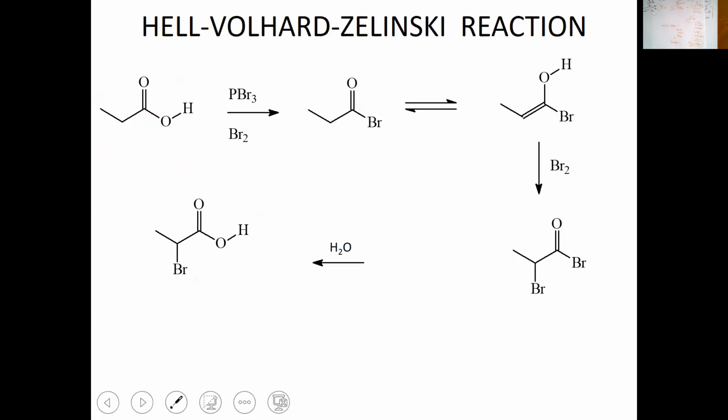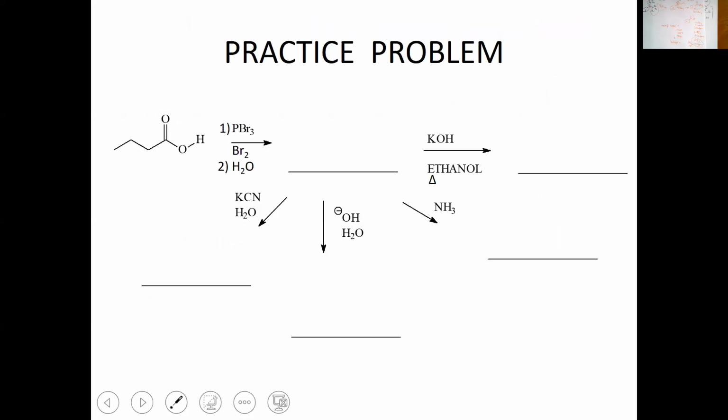The overall result is carboxylic acid plus PBr3 and Br2, followed by water, because water has to be added to hydrolyze the acid bromide, results in an alpha bromo being added to your carboxylic acid. Let's see it in action one more time. PBr3 and Br2 followed by water, alpha bromo on your carboxylic acid.